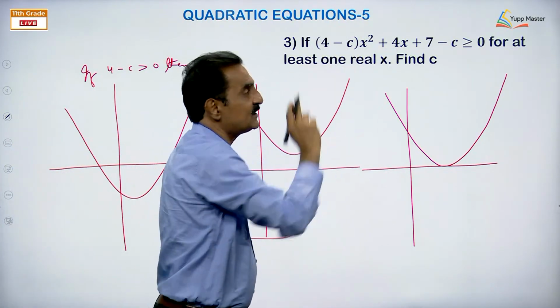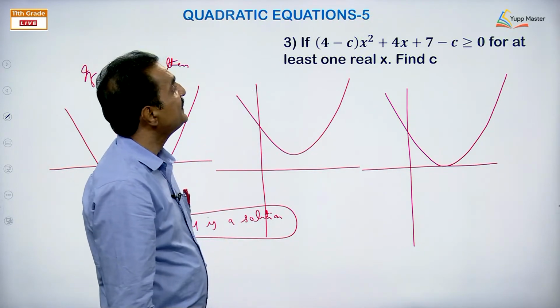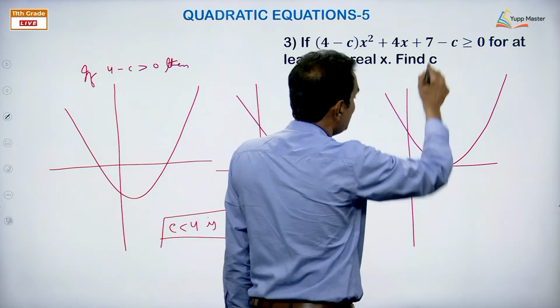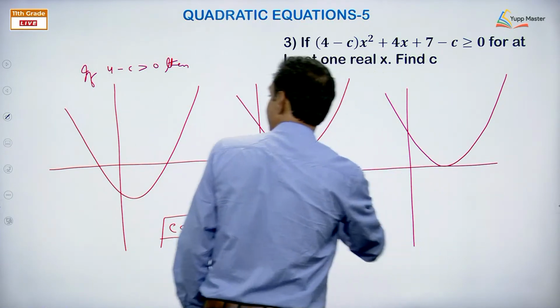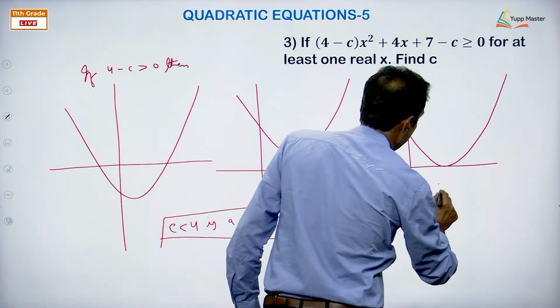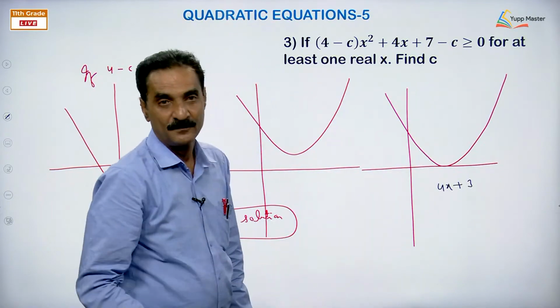It should be greater than or equal to 0 for at least one x. If c is equal to 4, what happens? The expression becomes 4x plus 3 if c is equal to 4.